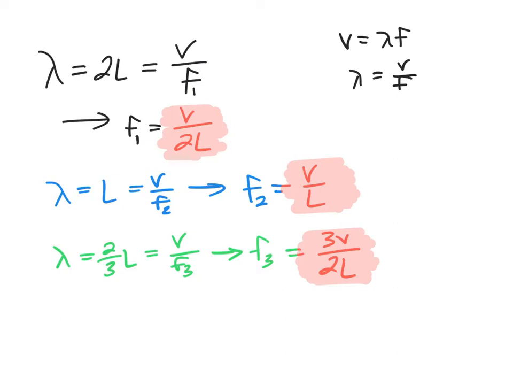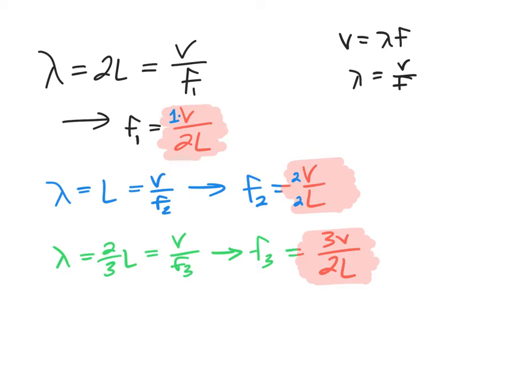I could write a 2V over 2L in there, and we can always put a coefficient of 1 into the game here.